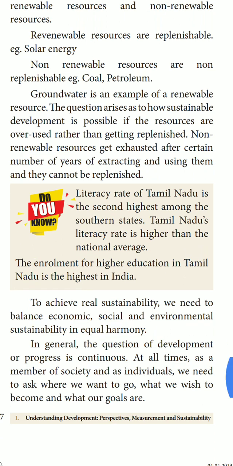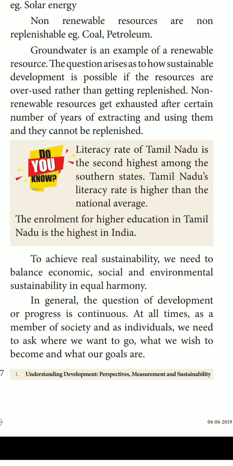In general, the question of development or progress is continuous. At all times, as a member of society and as individuals, we need to ask where we want to go, what we wish to become, and what our goals are. This is the general question.